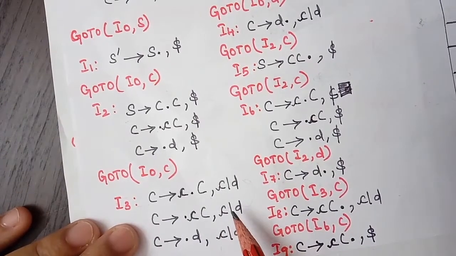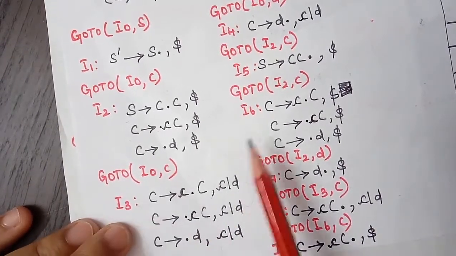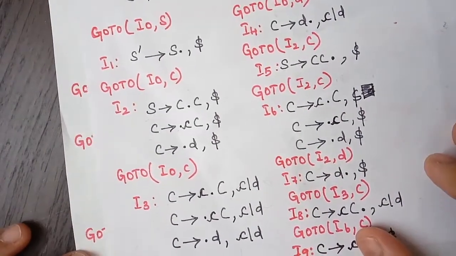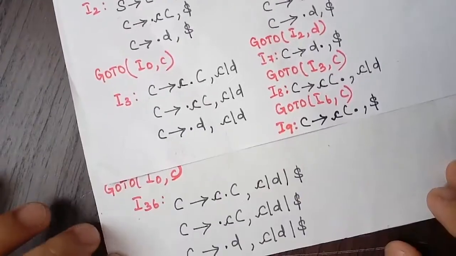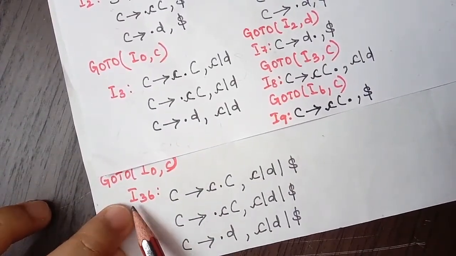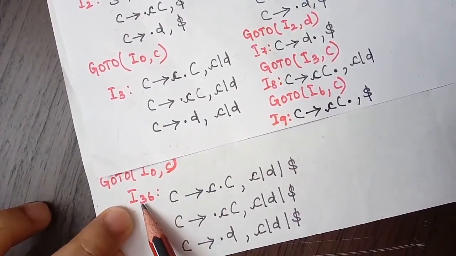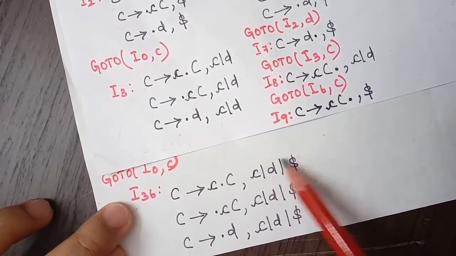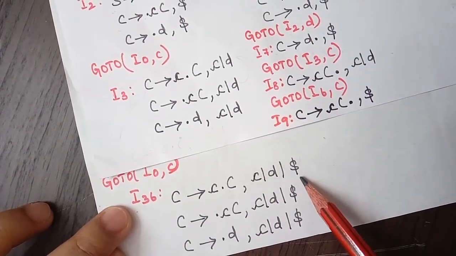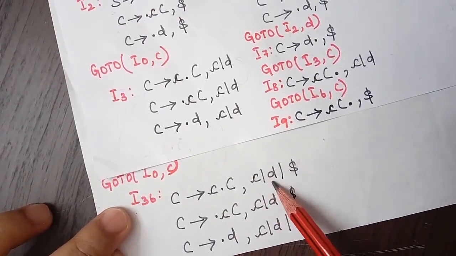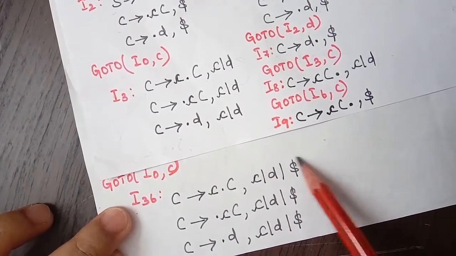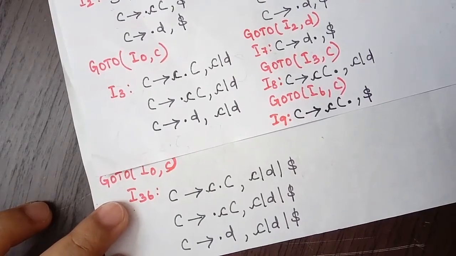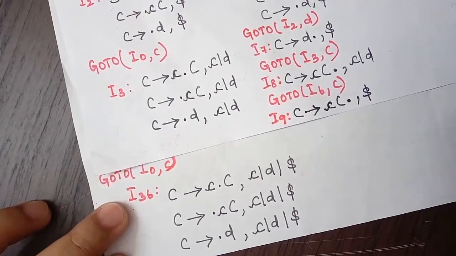So we are going to combine I3 and I6. After combining, the state becomes I36, and here we also combined the lookahead symbols: C, D, dollar. This is how we can combine the items.